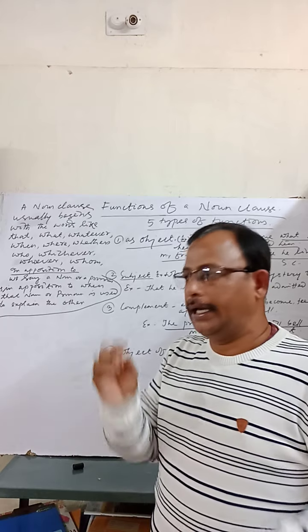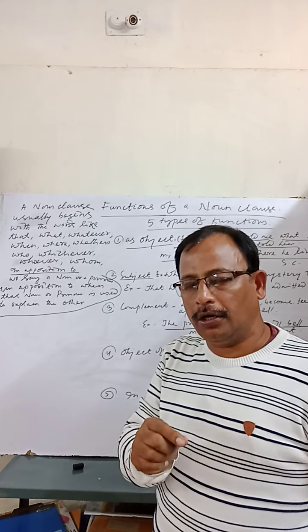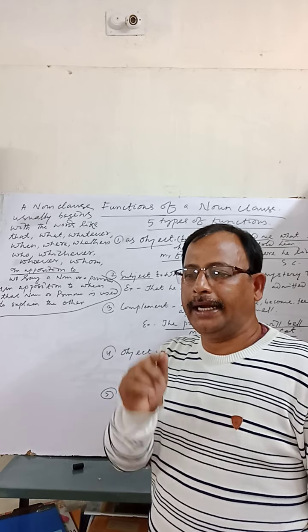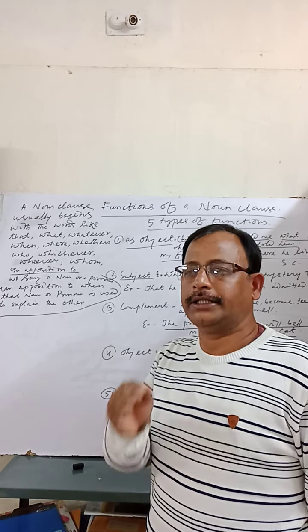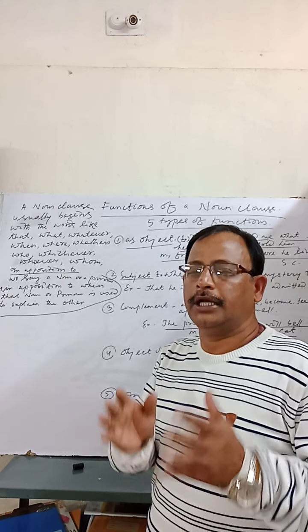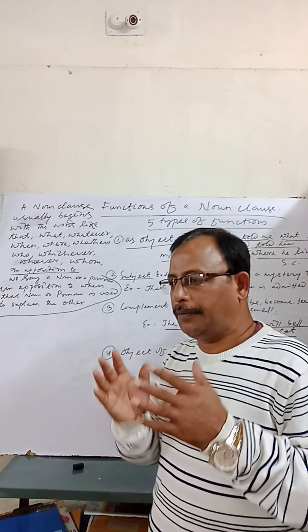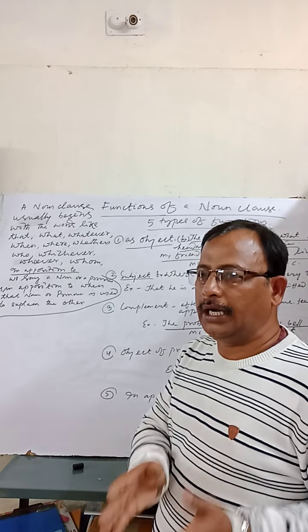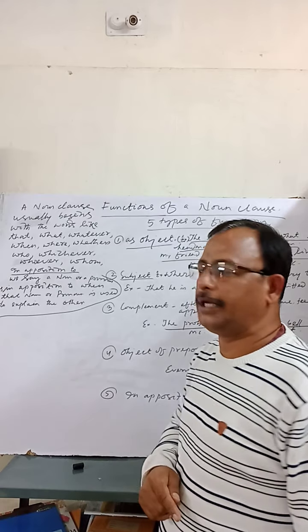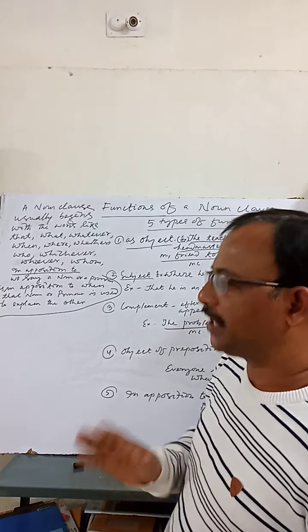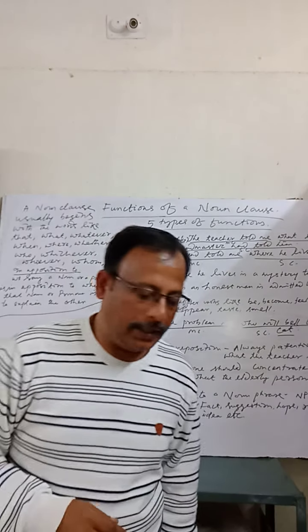As you know, a noun clause is a subordinate clause and it always comes only in a complex sentence. In other sentences like simple and compound sentences, these subordinate clauses don't come. A subordinate clause, whether it may be a noun clause, a relative or adjective clause, or an adverb clause, comes in a complex sentence.